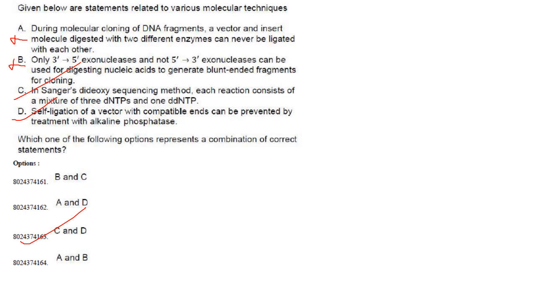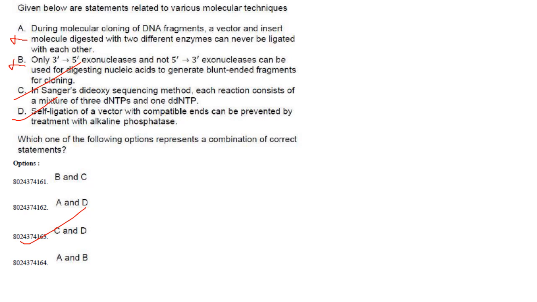Only 3' 5' exonuclease and not 5' 3' exonuclease can be used for digesting nucleic acid to generate blunt end fragments for cloning. That is also not correct.